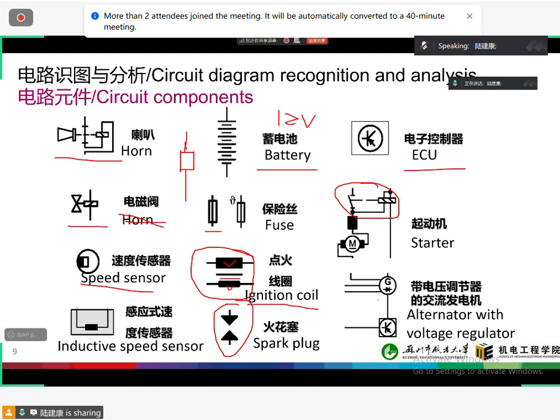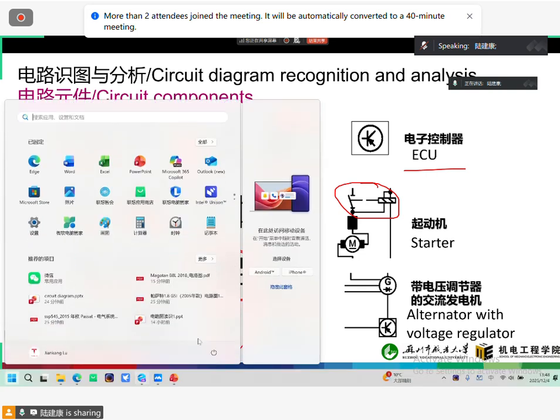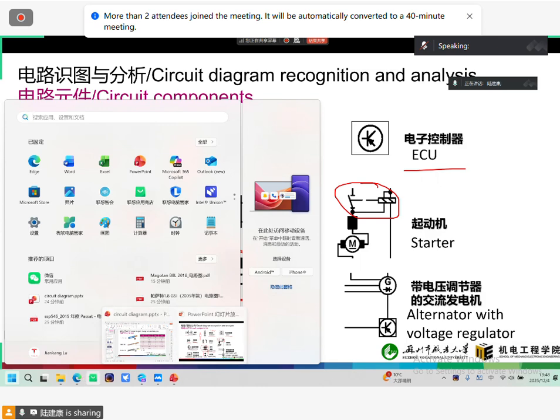This is an alternator with voltage regulator. Normally, we will not use this one in the diagram. Then let's go to the actual circuit diagram to see each part of these symbols, normally in the part of the engine.